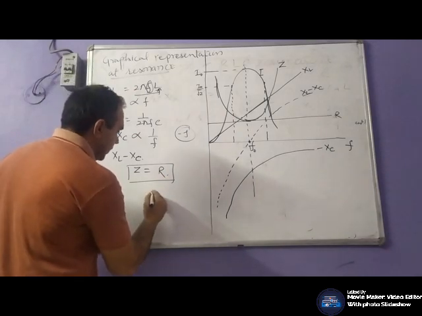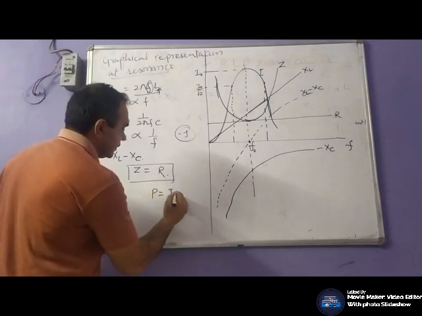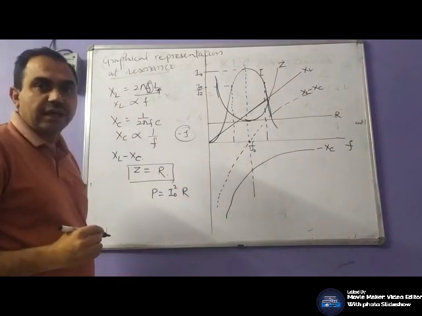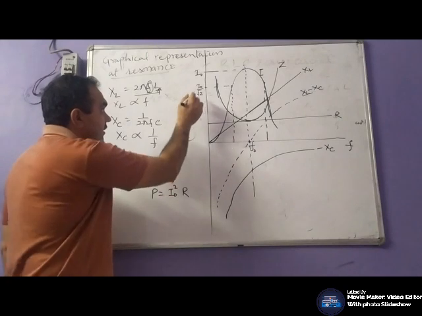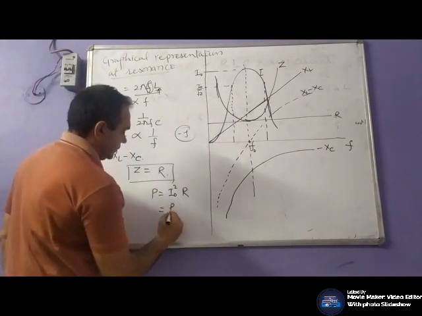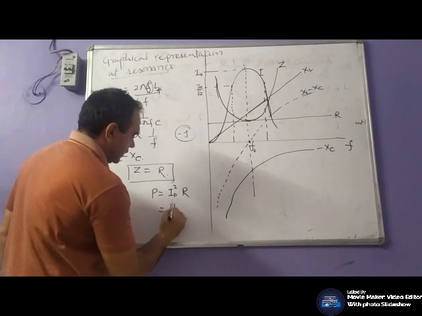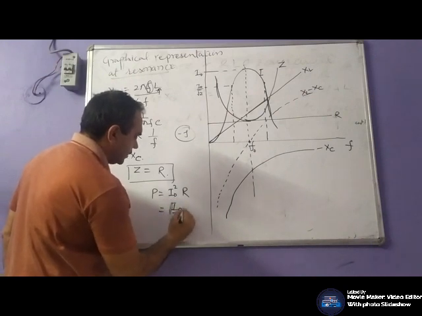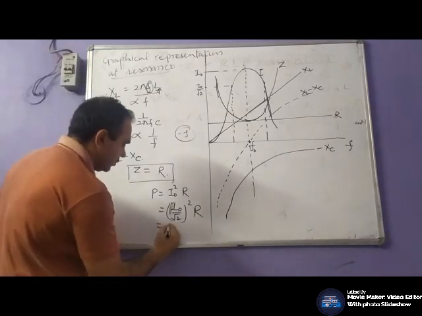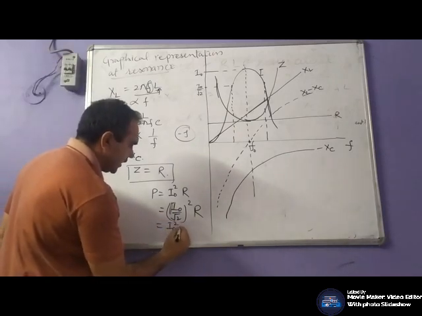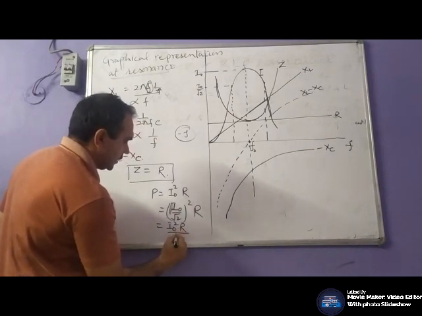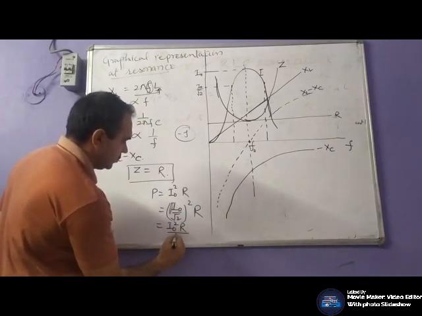Because power is given by I naught square R. At resonance power is I naught square R, and at this current power would be (I naught by root 2) square R, or I naught square R by 2.